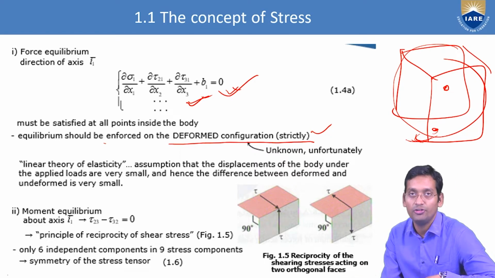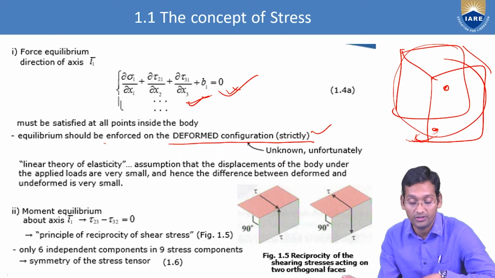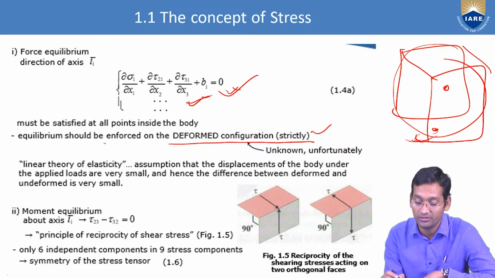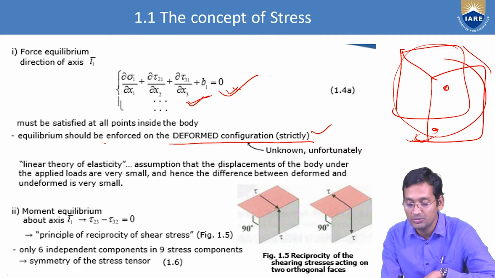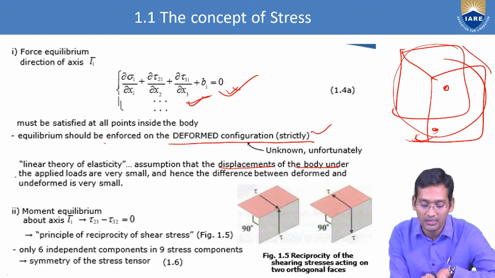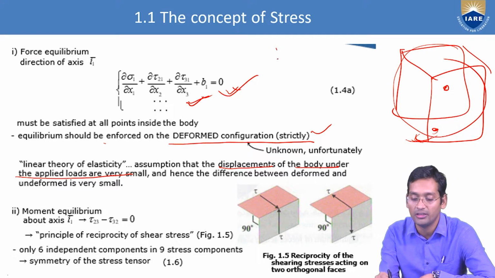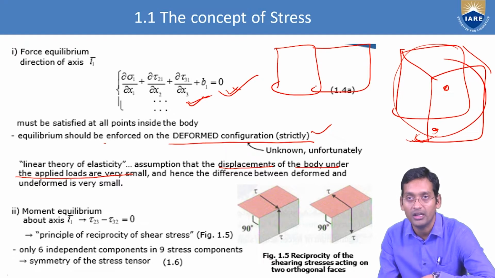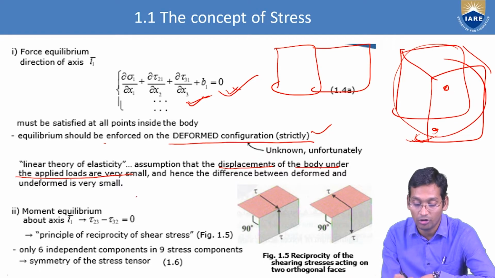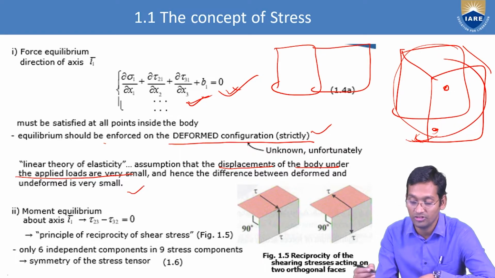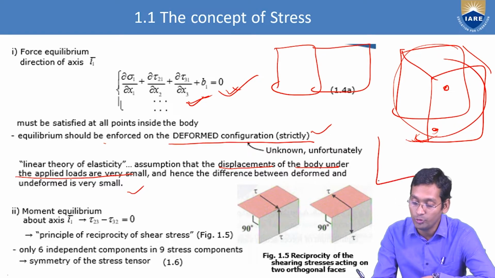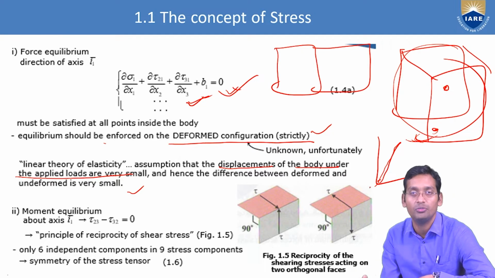Now, the linear theory of elasticity. First, see the assumptions. The assumption is that the displacement of the body under the applied load is very small. It's not that the displacement will be very large, that is not possible. Then we cannot use elasticity, because in the last video we also saw that up to the elastic limit only can it regain the original position, with no breakage.